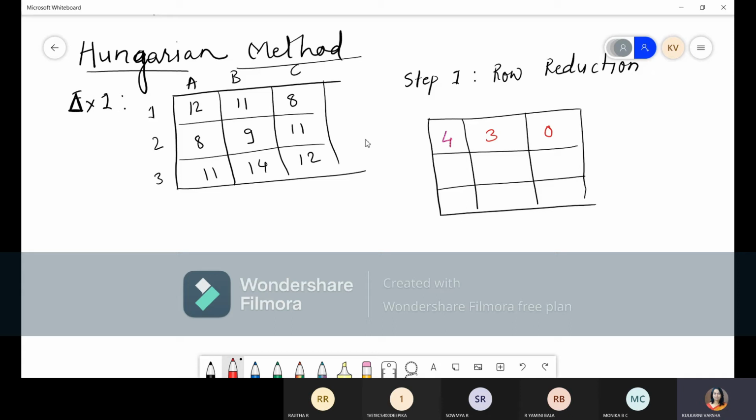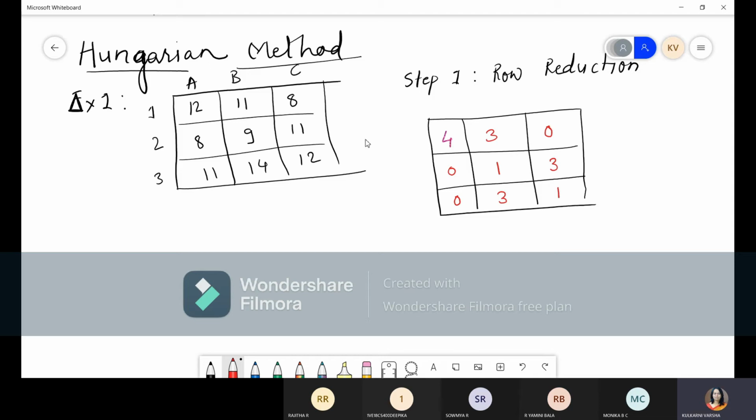In the second row, the minimum element is 8, so we subtract 8 from the elements: 8 minus 8, 0; 9 minus 8, 1; 11 minus 8, 3. In the third row, the minimum element is 11: 11 minus 11, 0; 14 minus 11, 3; 12 minus 11, 1. Got it? This is what we have done.